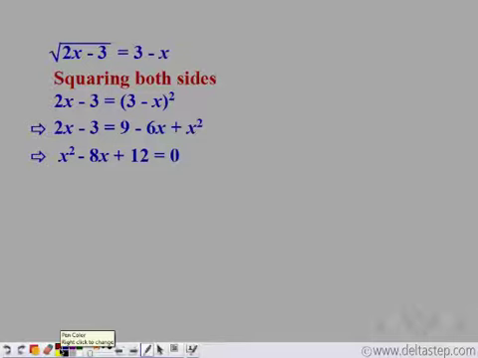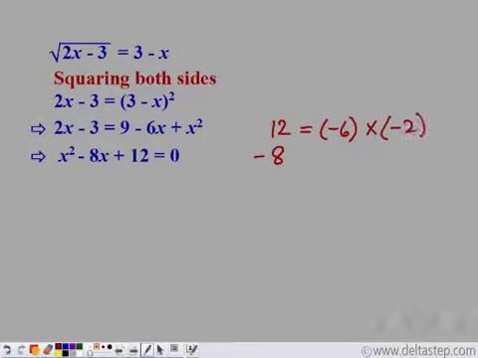We need to find two numbers whose product is 12 and sum is negative 8. So the product of the numbers should be 12 and the sum should be negative 8. What will be the two numbers? Well, if we consider negative 6 and negative 2, their product is 12.